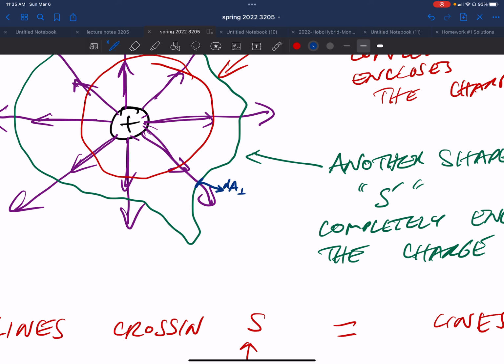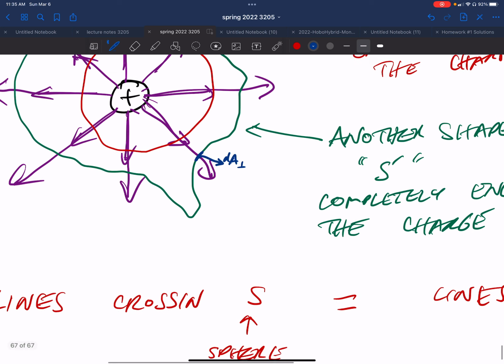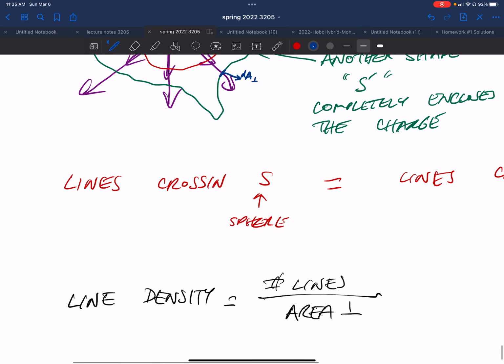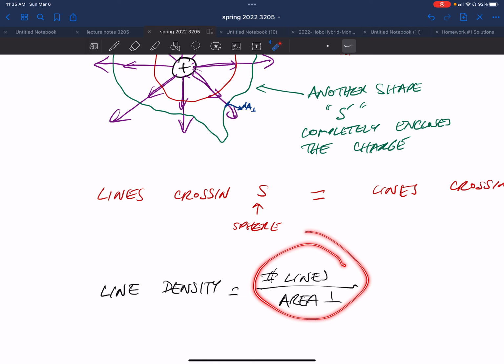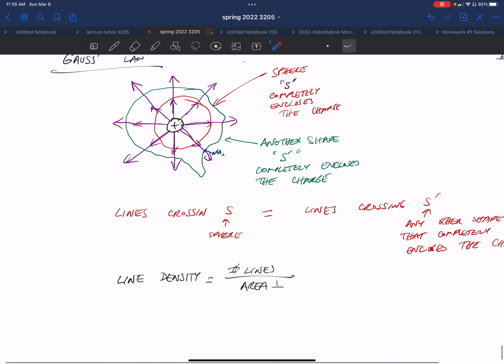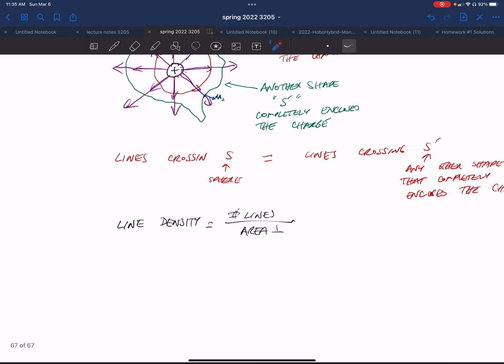This small area, I call it dA, and the line of force is not perpendicular to the area. So if you want to look at this, I would have to put a dot product to make sure it's pointing in the direction I want. Well, for the sake of discussion right now, let's think of the sphere.